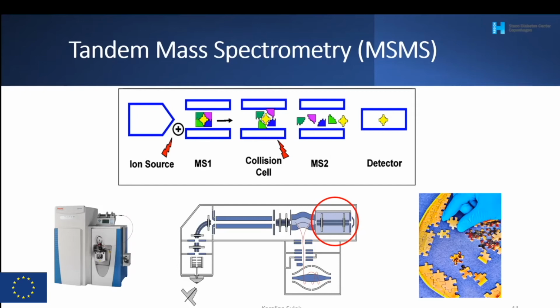We have one molecule measured in MS1, it goes into the collision cell, and through MS2 analysis the fragments are detected. It's like you have puzzle pieces that look the same, and you have to break them apart, because those pieces will tell you much more than just one single mass.